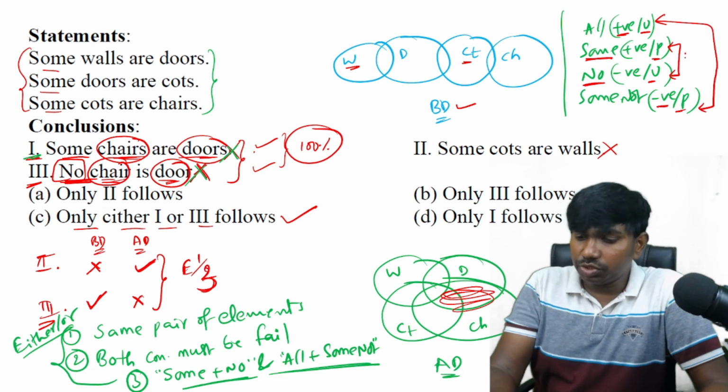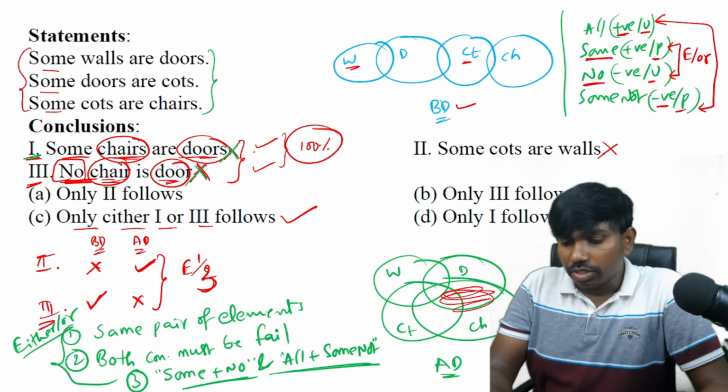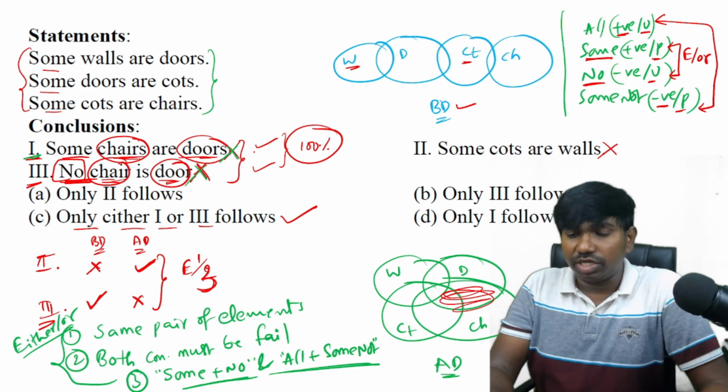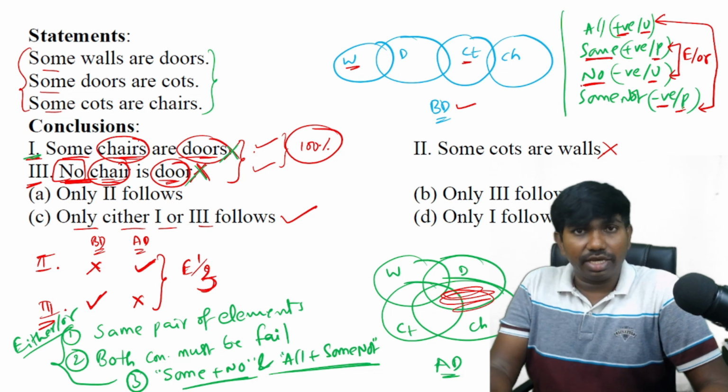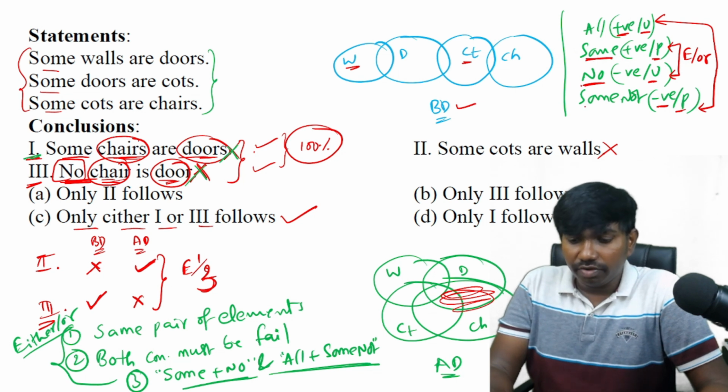So only these two either-or pairs are there in total in syllogism, right? So why not all and some? Because both are positive. Why not all and no? Because both are universal. Why not all and some not? Yes, they are. Next, some and some not. Why can some and some not not be? Because both are particular. Why not no and some not? Because both are negative.